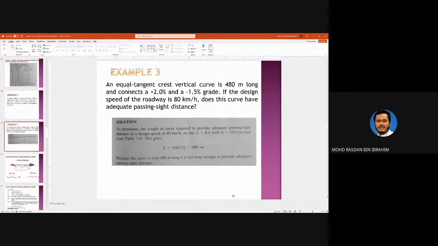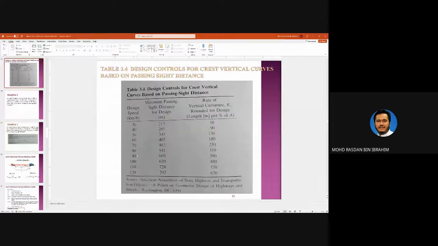So equal tangent crest vertical curve, this one just now. Determine the length required. So design speed 80 kilometers per hour, L equals K times A, and K is 310 from table 3.4 here. So design speed here 80, K is 310.